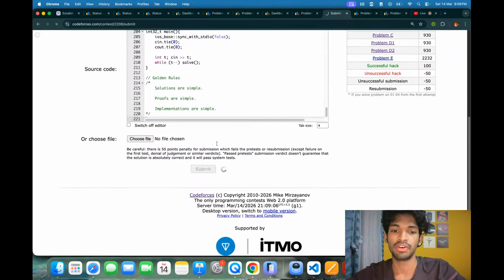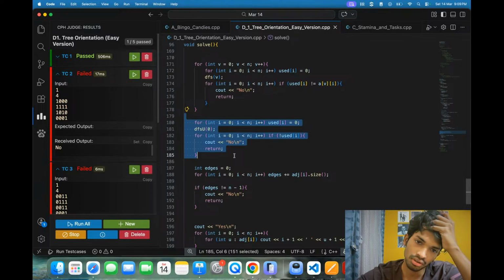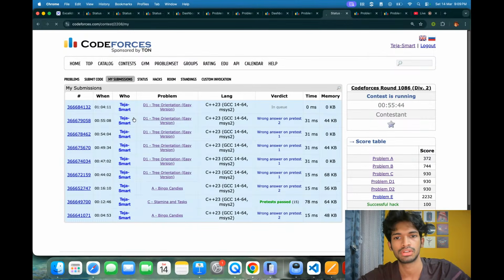So I was not able to verify what it means to be a tree properly. What it means to be a tree is not just being a group, but also the number of edges should be equal to n minus 1.